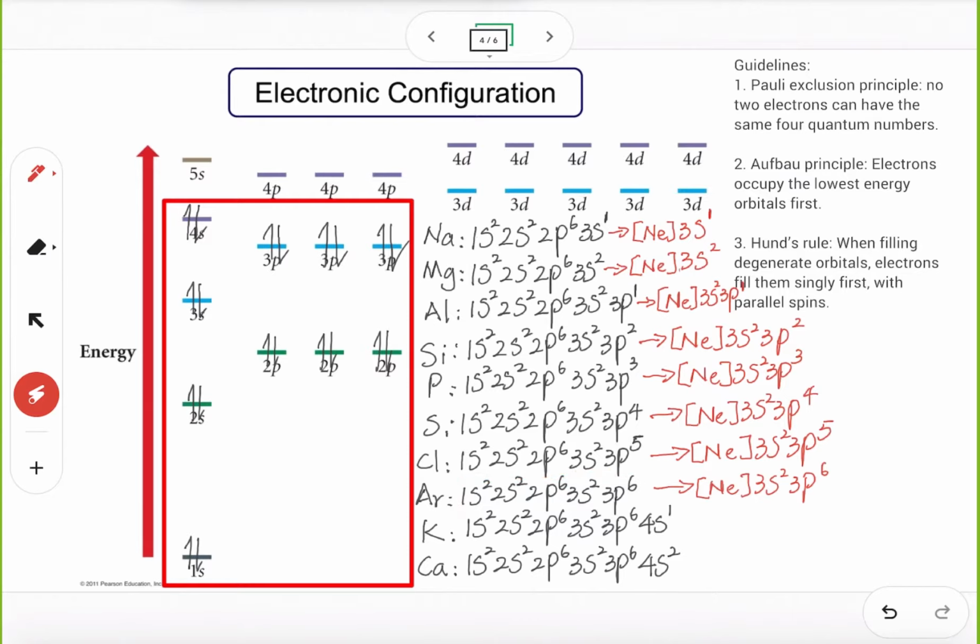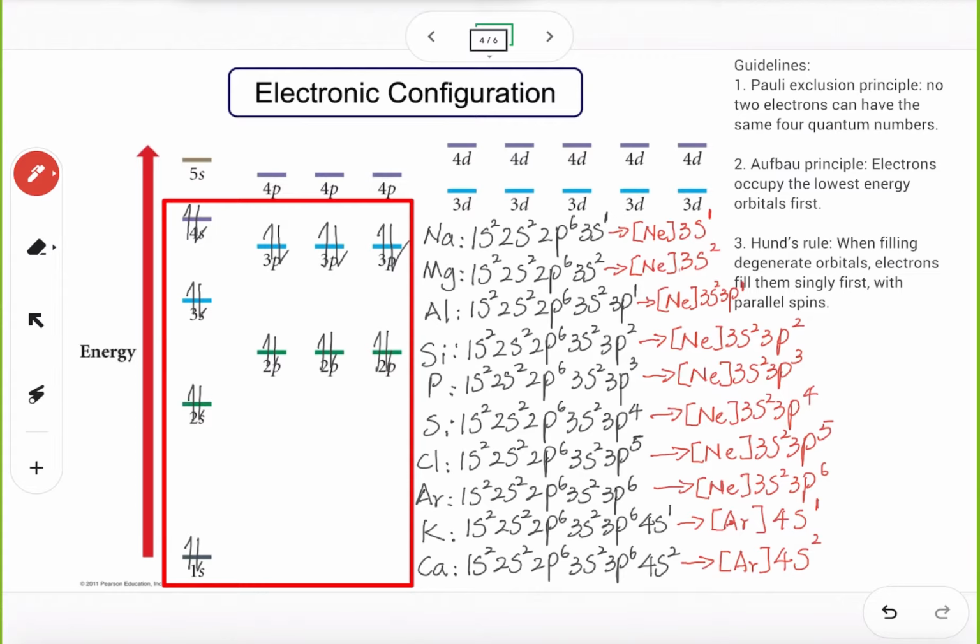So we use argon to represent the core electrons of potassium. So for potassium, it's going to be argon core electrons and then 4s1, valence electron. For calcium, again, you can see the argon core, 18 electrons here. So the noble gas core electronic configuration for calcium would be argon 4s2.